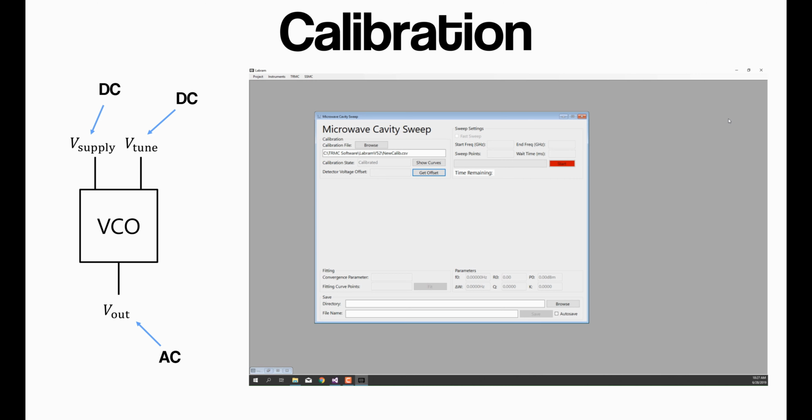Generally, you only have to do this once, or occasionally periodically, just to make sure that the VCO is still calibrated. And once you have this information, then you can put it into your software to control the TRMC experiment, and the software will know for a particular voltage the VCO is going to output a particular frequency, but this has to be calibrated.